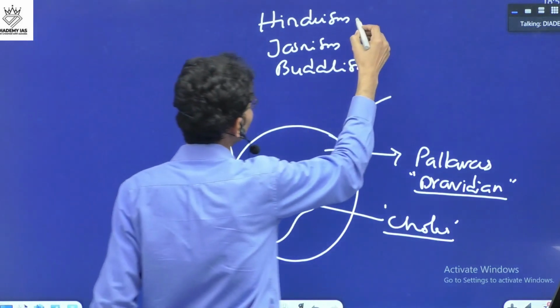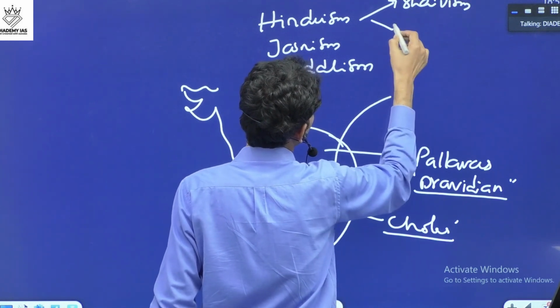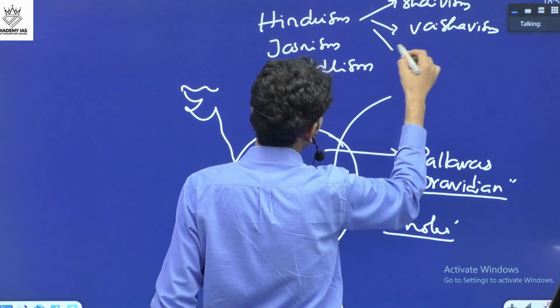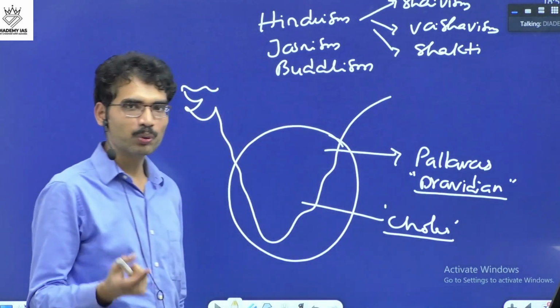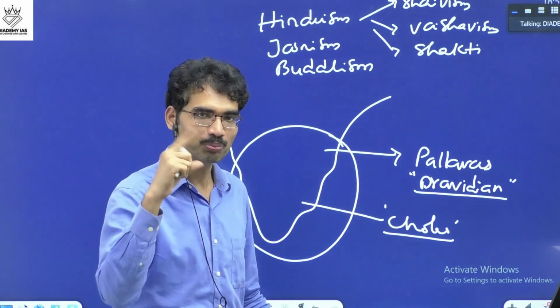And in Hinduism, you will find Shaivism, Vaishnavism, Shakti cult. And in the post-Mauryan time period, Theravada and Mahayana types in Buddhism.